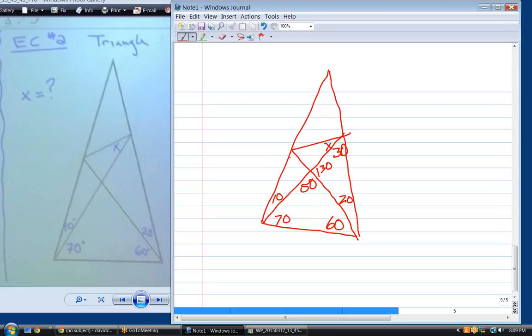Let's look at this left triangle. What's this angle right here? That'll be 180 minus 30 minus 10. So that's 40? Yeah. We knew that because this has to be 130.